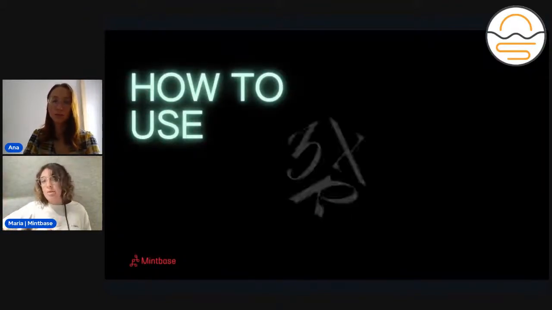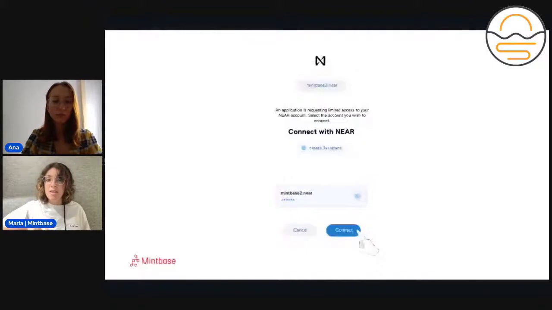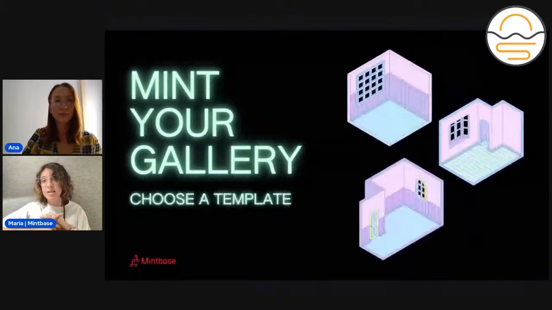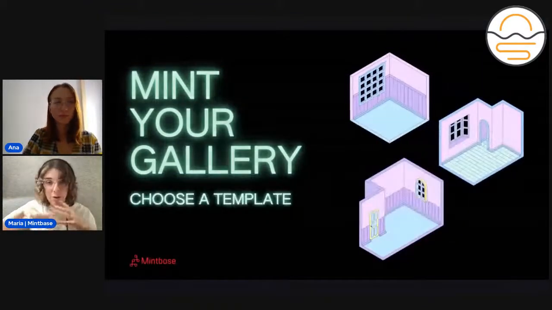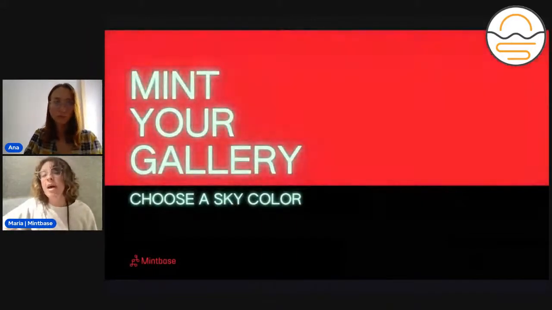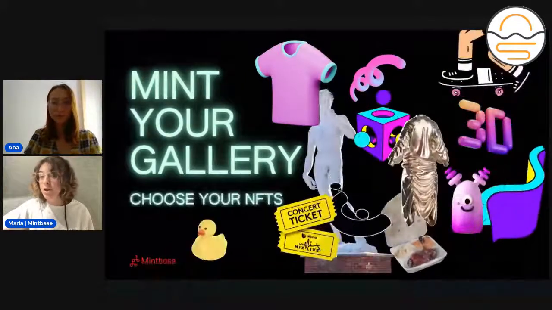Then we have 3XR, which is a virtual gallery company that is also built on top of Mintbase. They have the custom galleries, which are these ones, where you can, in 3 steps, create a custom gallery. The first thing is you choose a template, you choose how you want the gallery to look, then you choose a sky color, and then you choose the NFTs that you want to have in your gallery.